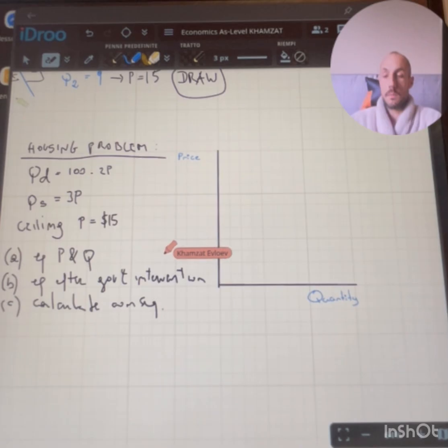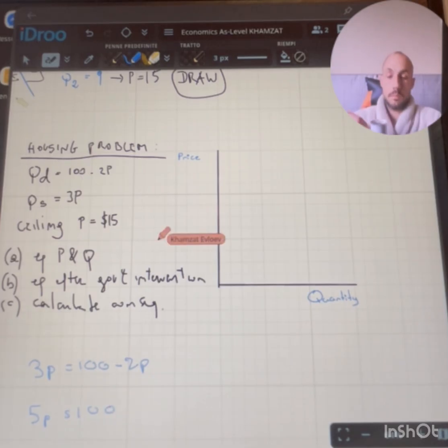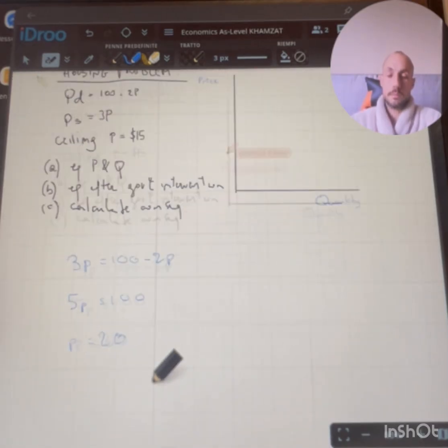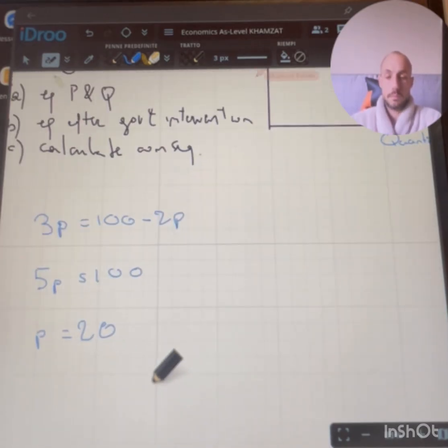All right, okay. So 3p equals 100 minus 2p. Yes. 5p equals 100. P equals 20. Now quantity.